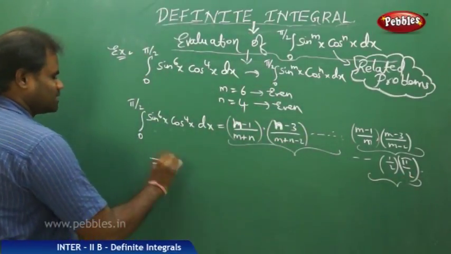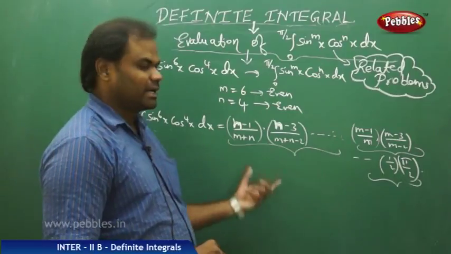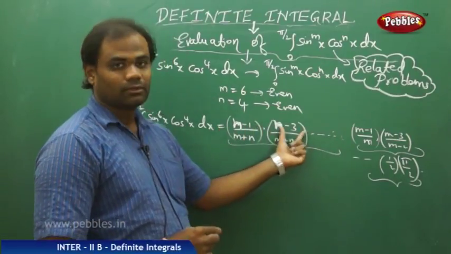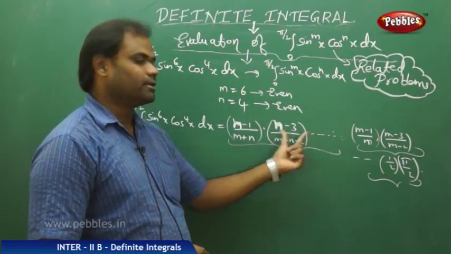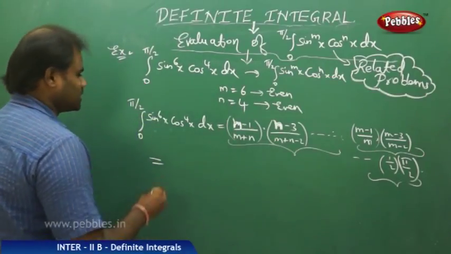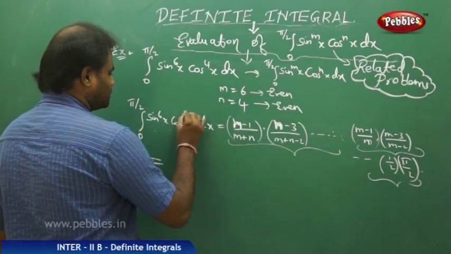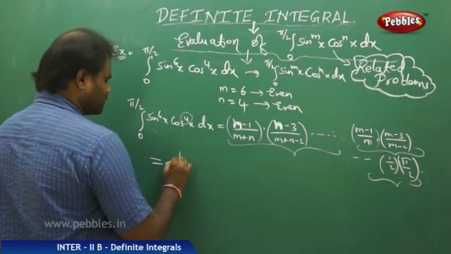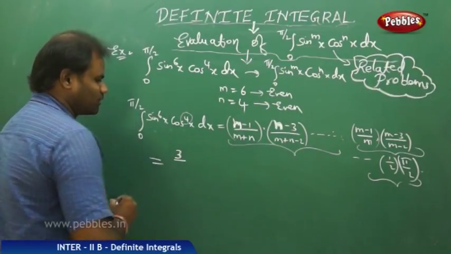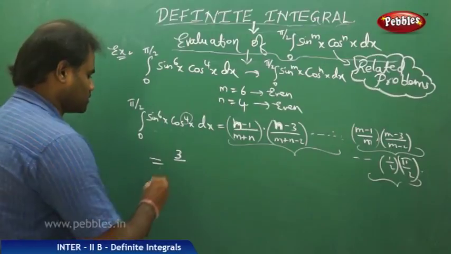So using this, it's easy to simplify when we just directly follow from the first term with each numerator and denominator reduced by 2 terms. Therefore, as I see here, my n, which is 4, is 4 minus 1, which is 3, and m plus n, which is 10.